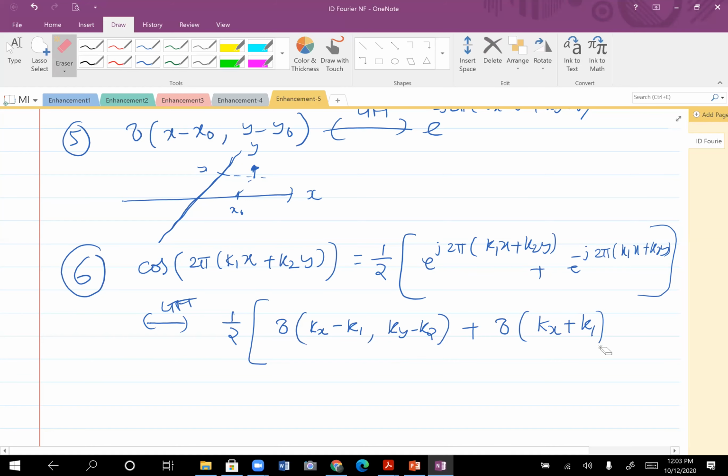I should not be closing it there. Correct? So how does it look like now?